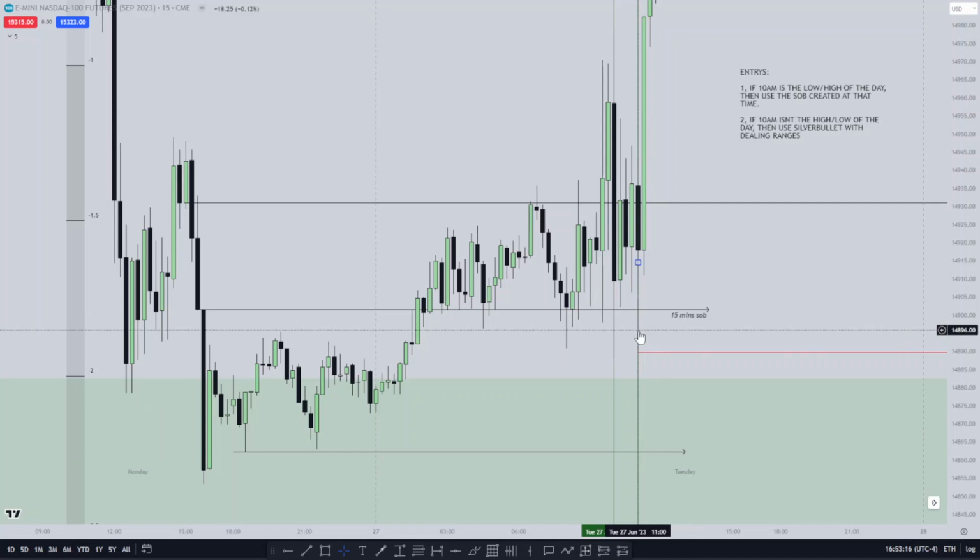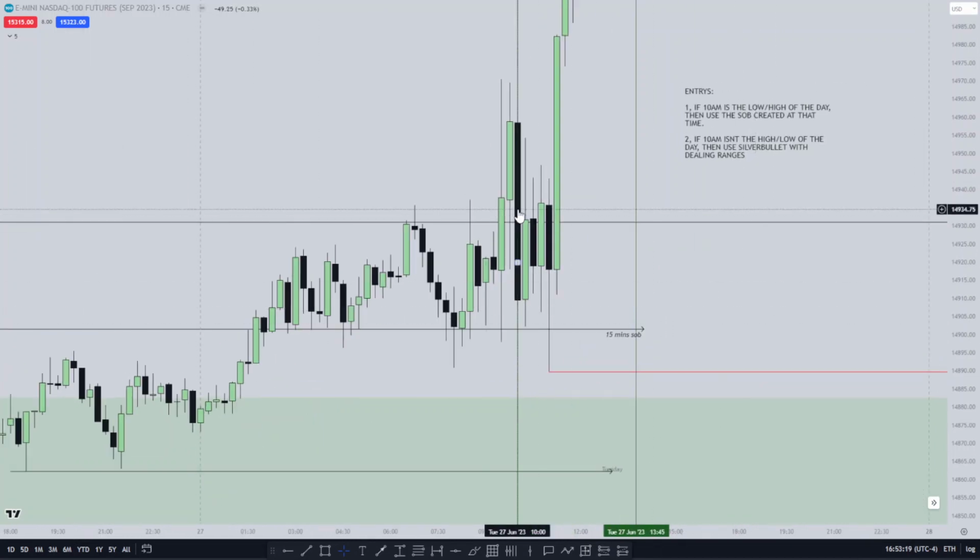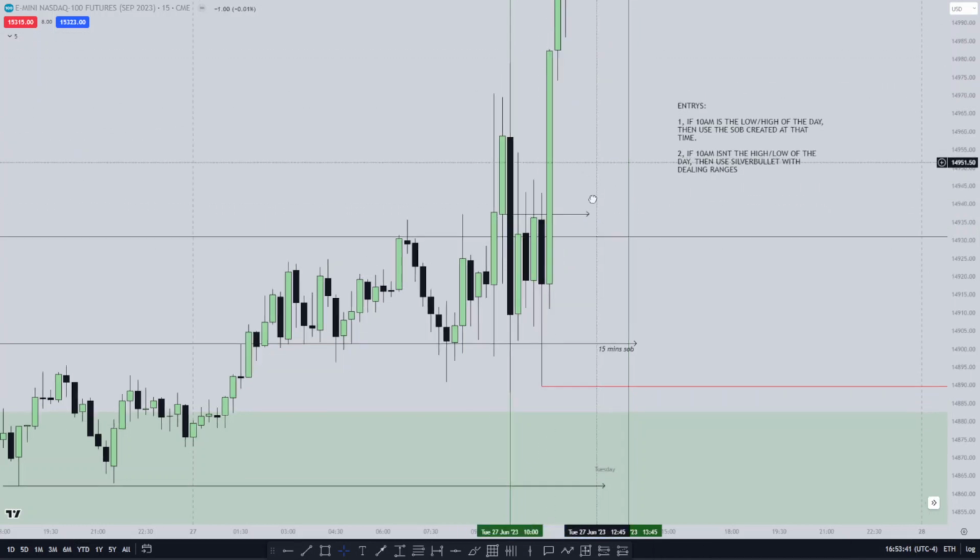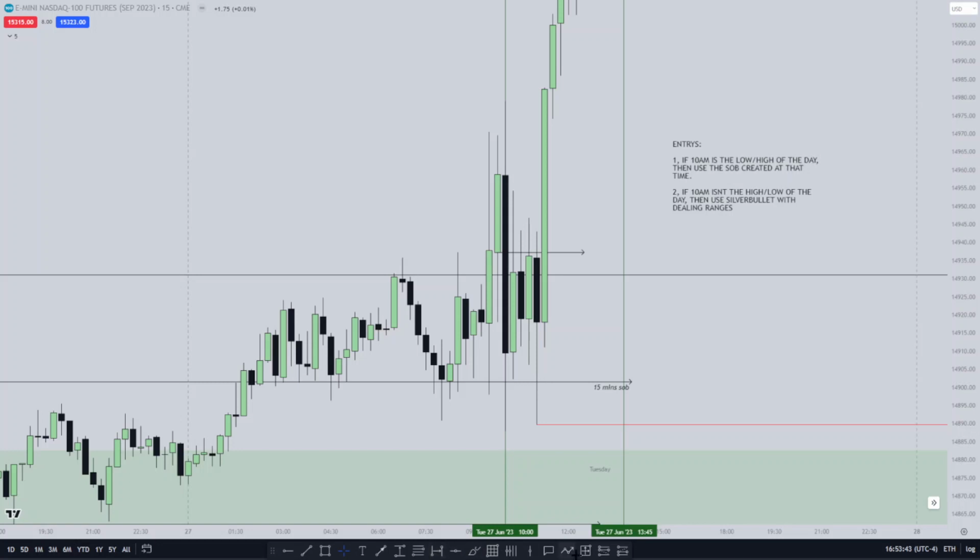Because if we actually went shorts right here, let me show you what I mean. Since 10 a.m. created the CSD candle, there's no need. We use order block. You'd have gone short and you'd have gotten how much would you have gotten by risking this low over here. Let's actually see that.